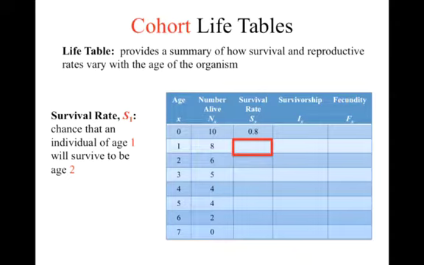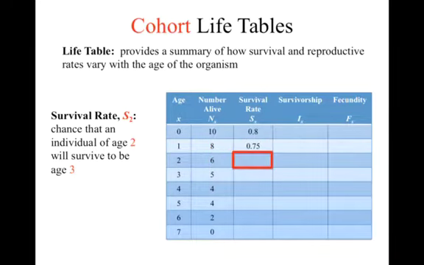If I look at the next survival rate, the S1 survival rate, that's the chance that an individual of age 1 will survive to be age 2. Well, I had 8 age 1 individuals. How many of them made it to their second year? 6. And so my survival rate for my age 1 individuals was 6 over 8, or 0.75.